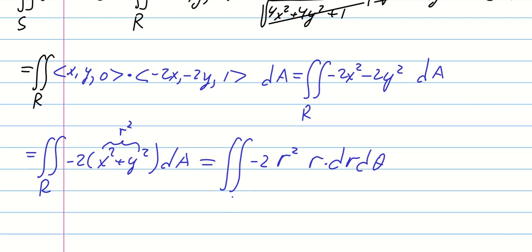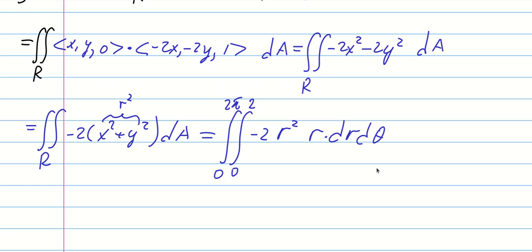So our r is changing from 0 to 2, and since we want to go the whole circle, our theta changes from 0 to 2 pi. And then it's just a matter of calculations.